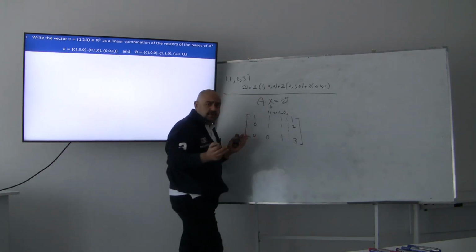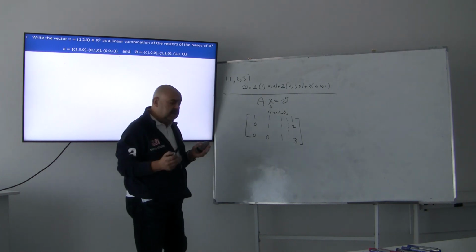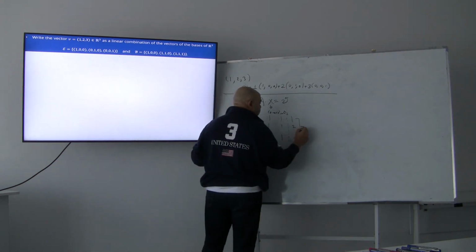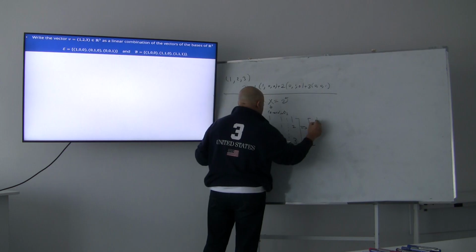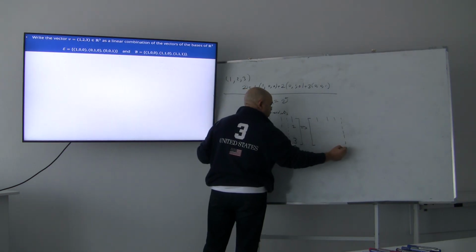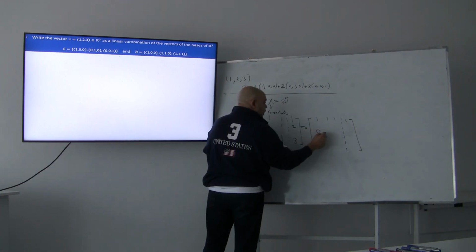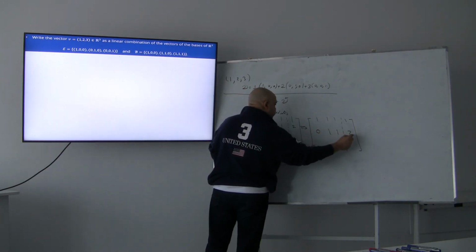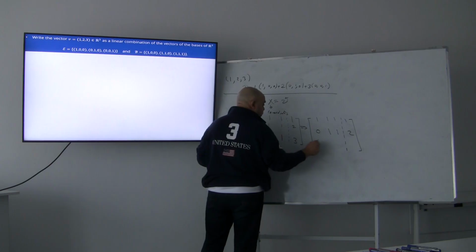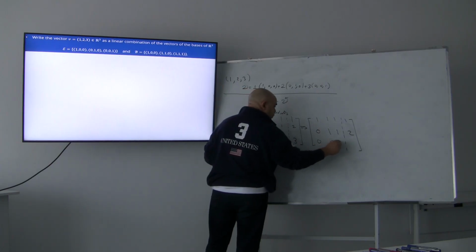Simply start working your magic, going through the echelon process. So it's going to be 1, 1, 1, and the value is equal to 1. The second row starts with 0, then 1, 1, and 2, and the third one is already adjusted, which is 0, 0, 1, and 3.